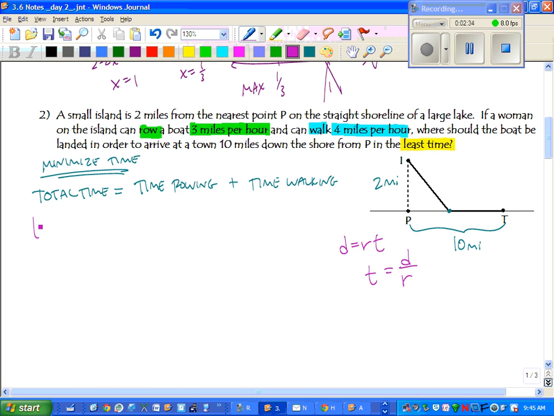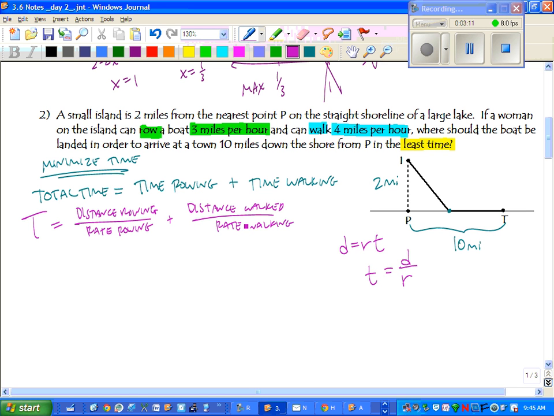So our total time, I'm just going to keep as capital T. Time rowing is going to be the distance rowing divided by the rate at which she rows, plus the time walking, which is the distance walked divided by the rate walking.